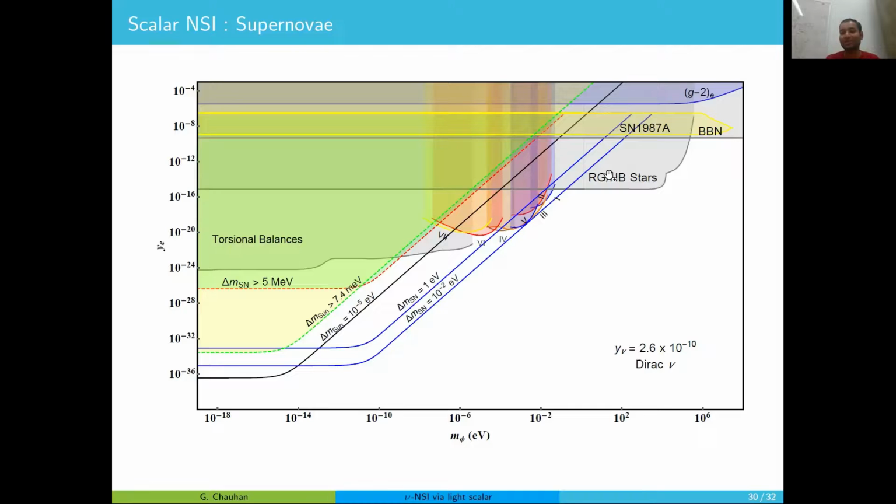So for this scalar NSI, if it exists, of course, it should be somewhere around here. But even if it's not, you thought of another kind of effect, this medium dependent neutrino masses that should arise from them, and then you can constrain these kind of couplings.